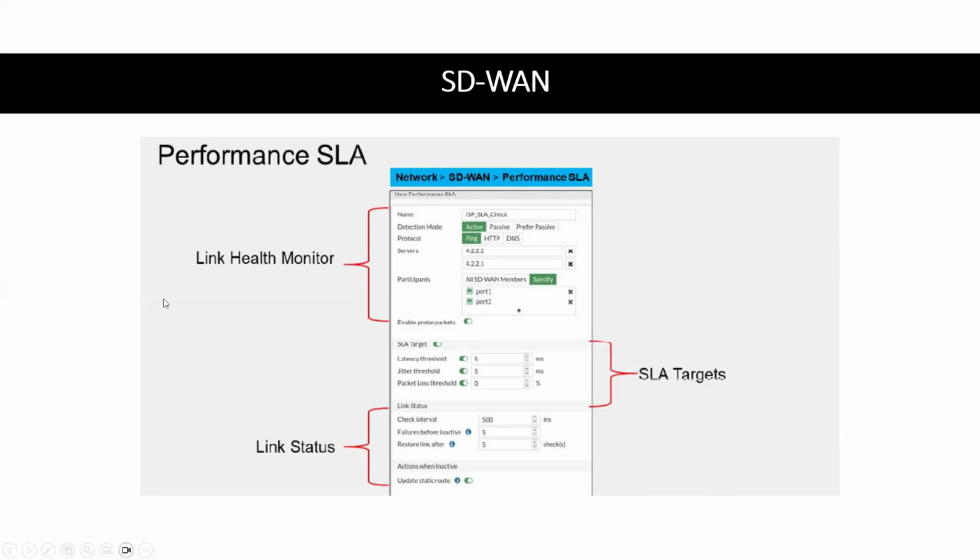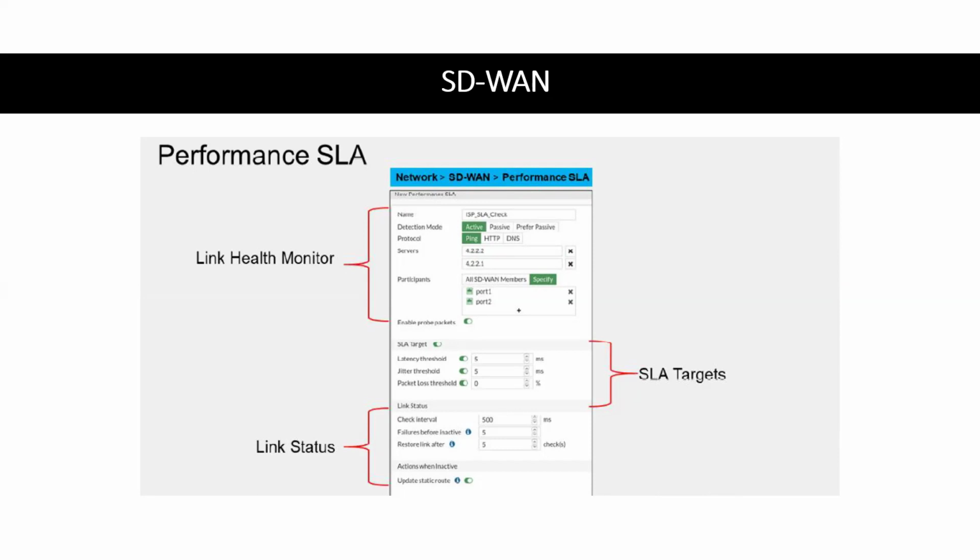Because again, at the end of the day, SD-WAN is software defined wide area networking, right? And the purpose of it is to make sure that we are optimizing our WAN usage.